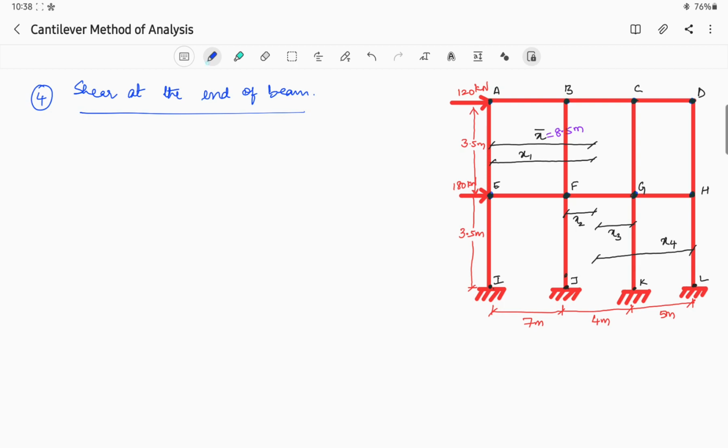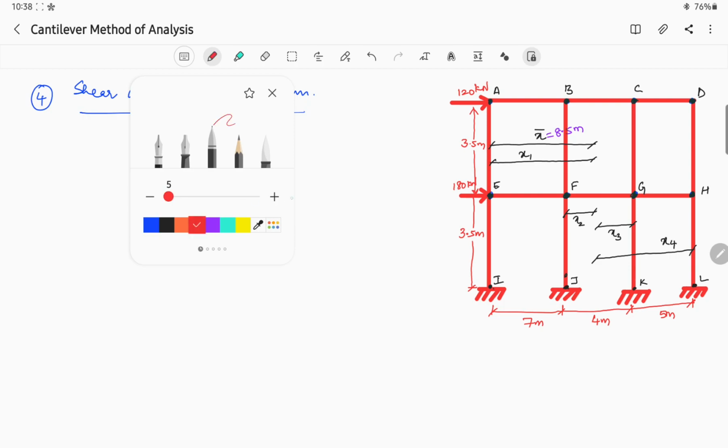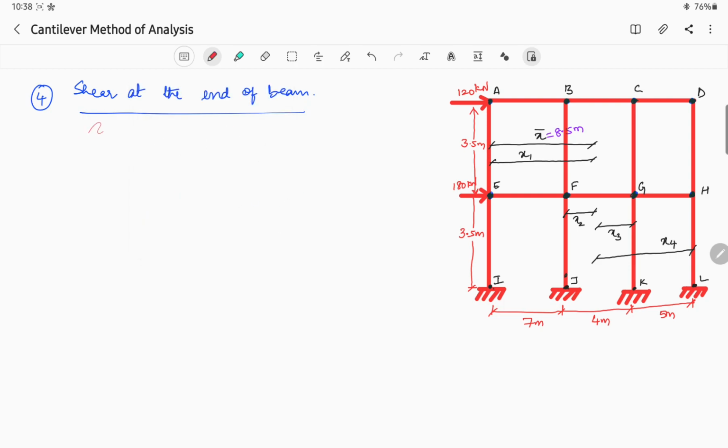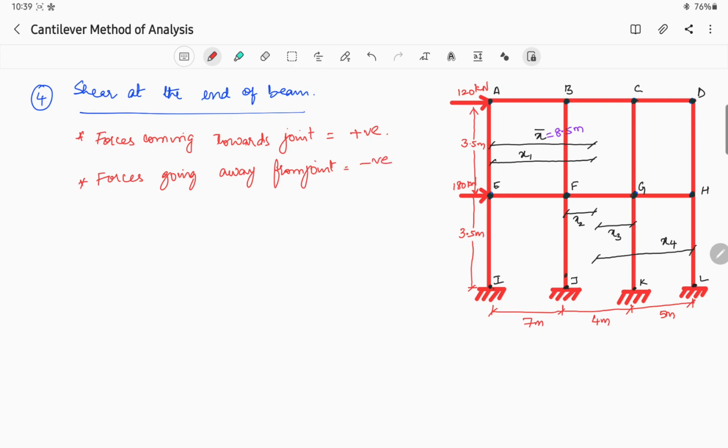The important thing which we have to remember here is that the forces which are coming towards the joint should be taken as positive, and the forces going away from the joint should be taken as negative.